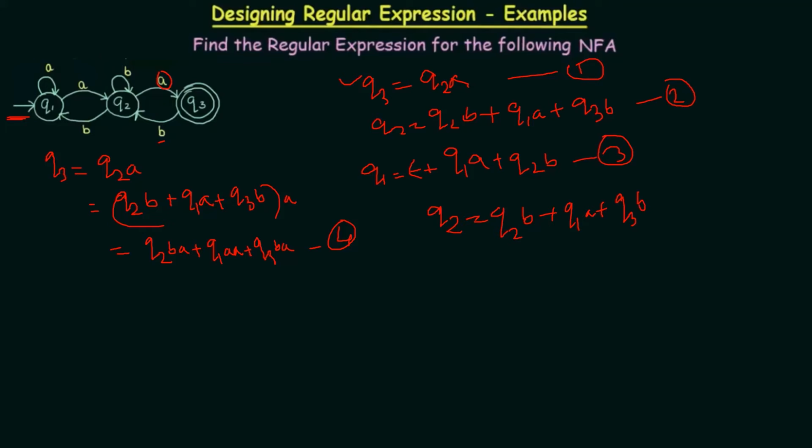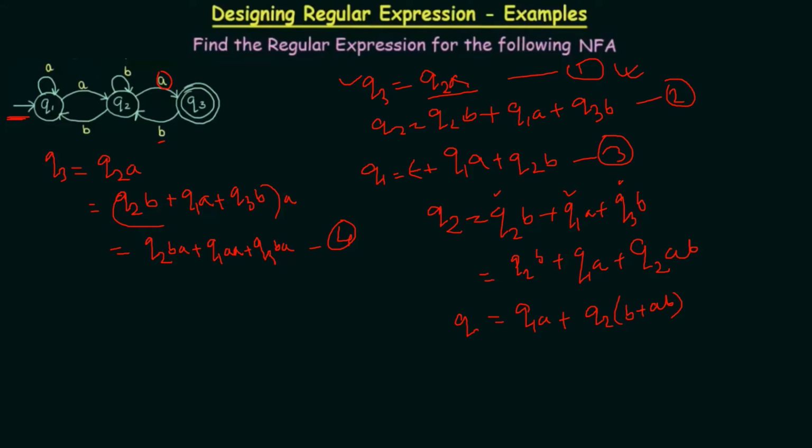Now if I want to expand this or this, it is going to get more complicated. Instead I can expand this. So the value of Q3 from equation number 1, I can assume is Q2A. So here I am going to get Q2B plus Q1A plus Q2AB. So this is actually Q1A plus Q2, and if I take it common, I'm going to get B plus AB.